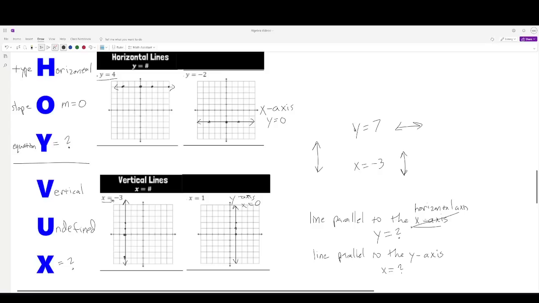That way, if I'm parallel to it, I know that my line is horizontal, and now it makes sense that we have y equals something. So instead of trying to think of it as x going with vertical, I think of it as horizontal goes with y. Same thing for the other one. The y-axis is the vertical axis. So when a problem says parallel to the y-axis or perpendicular to the y-axis, I think I have this line, and if I want to be parallel to it, I'm going to go the same way, and perpendicular, I'm going to go the other way.